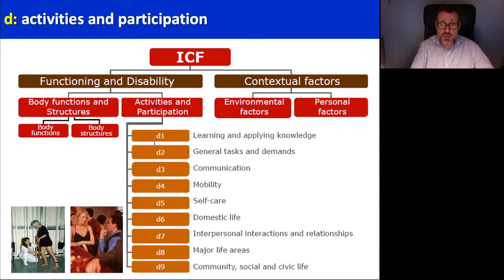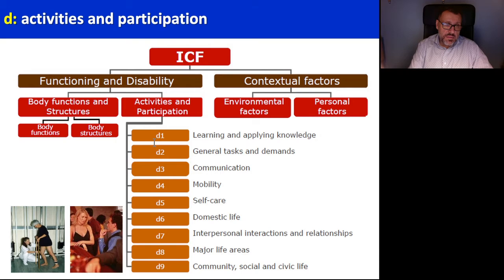This is because any activity, if it entails involvement in a life situation, becomes participation. The main example is represented by walking. I think the category is D450, which usually represents participation.